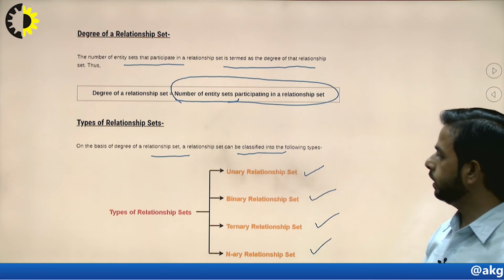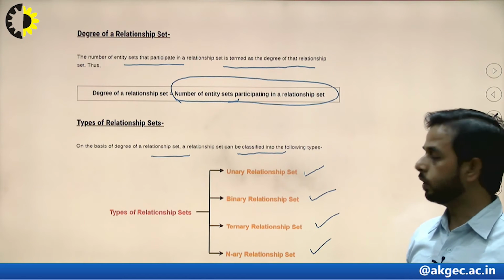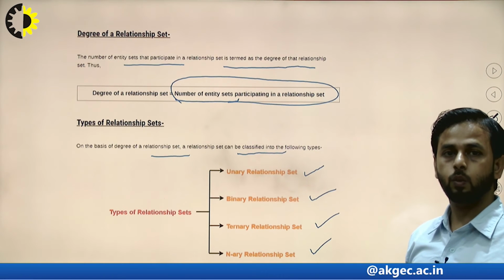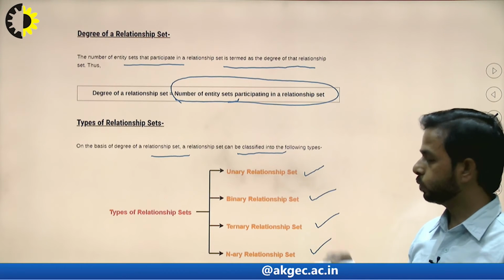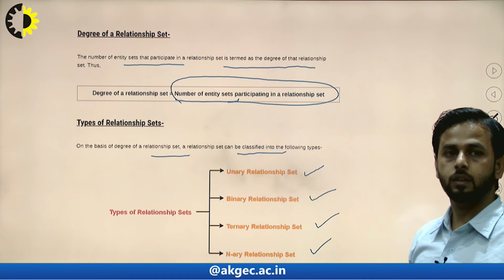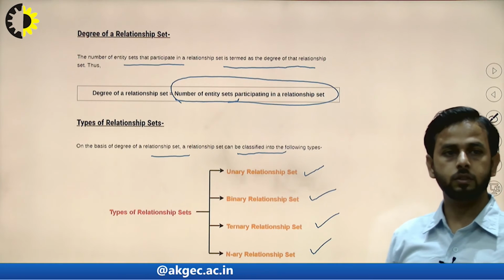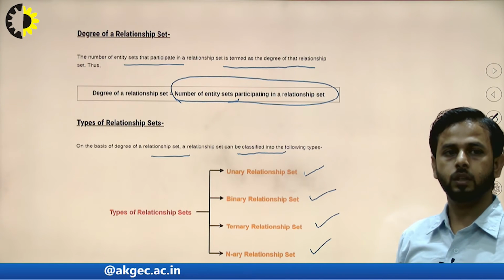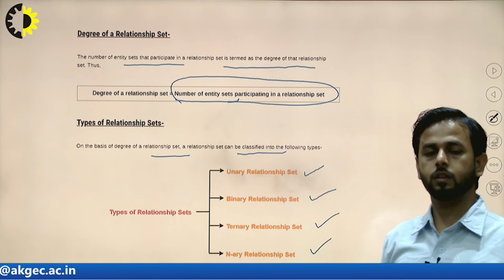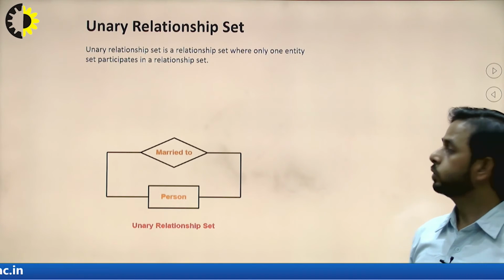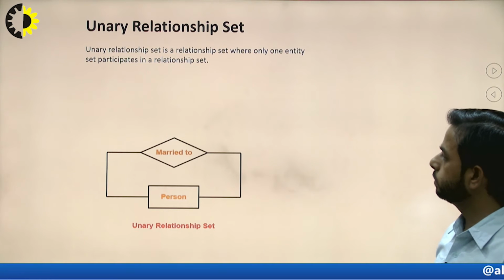If only one entity set is related with itself, then it is known as unary. If there are two entity sets, then it is known as binary. If there are three entity sets, then it is a ternary relationship set, and if there are n entity sets, then it is an N-ary relationship set. So let's see the unary relationship set.